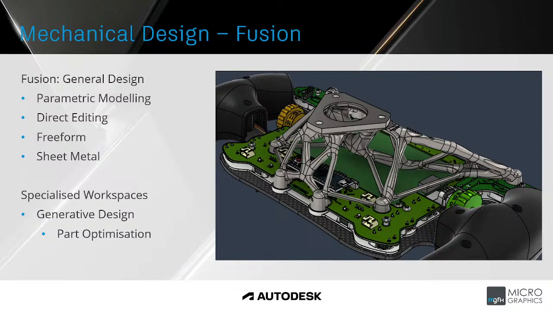So here, what we're getting is a very strong but also very light component, and something that the designer may not have been able to figure out out of their own heads. So this is cloud-driven generative design that is built into Fusion.